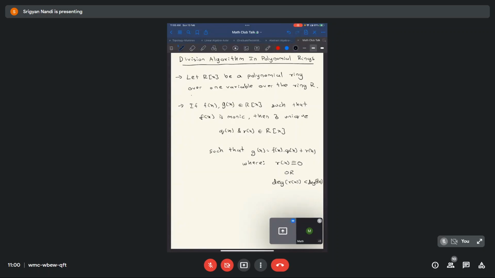So this is the standard division algorithm, except with the one caveat that this holds only if the divisor is monic.